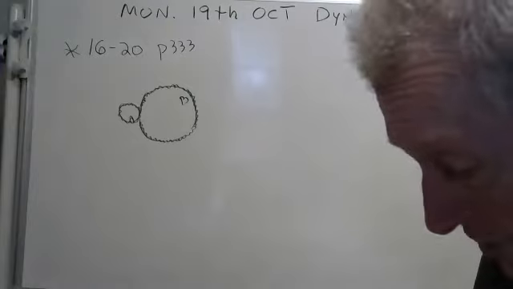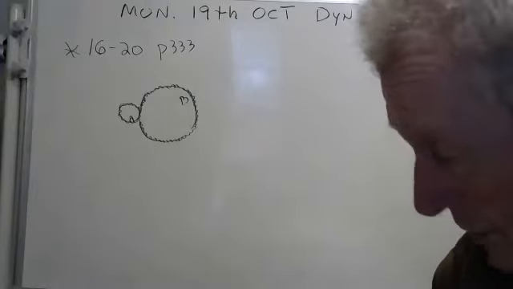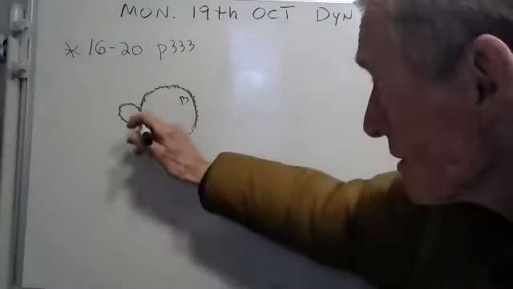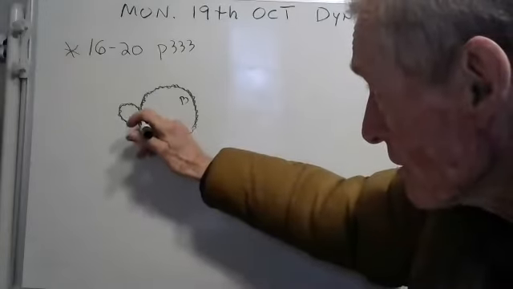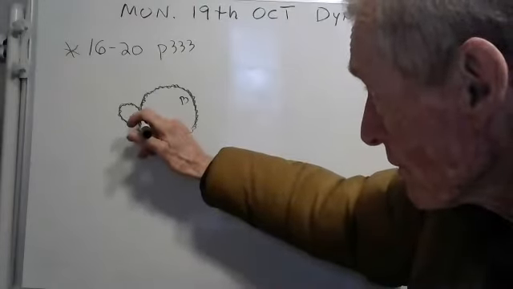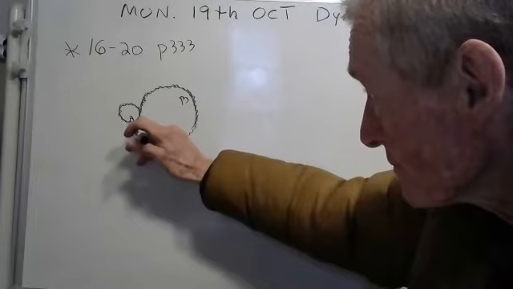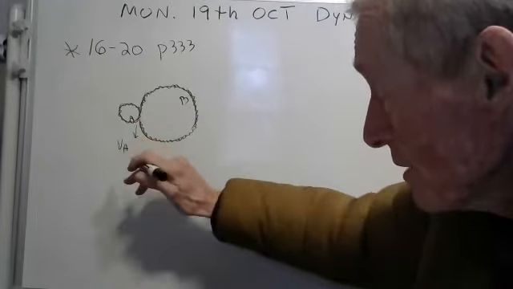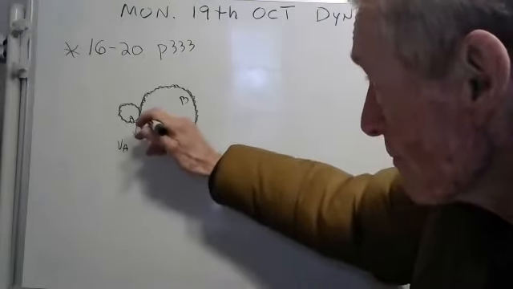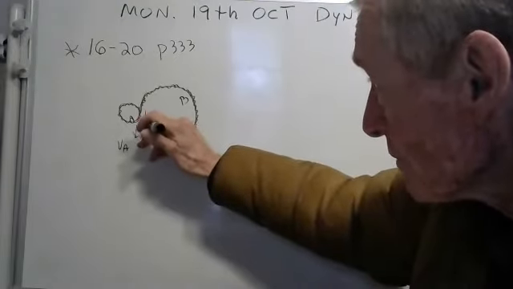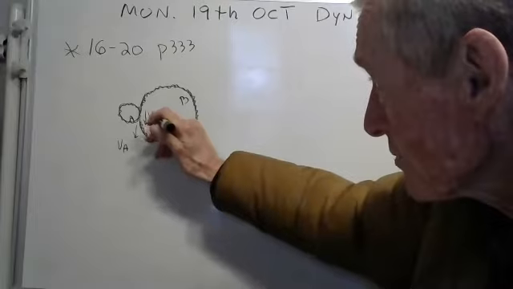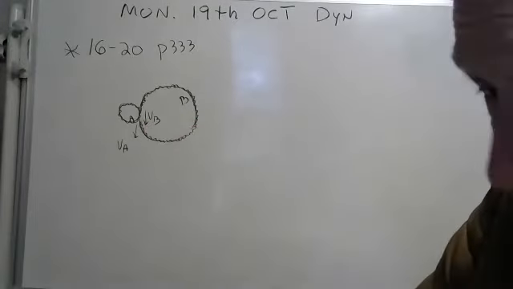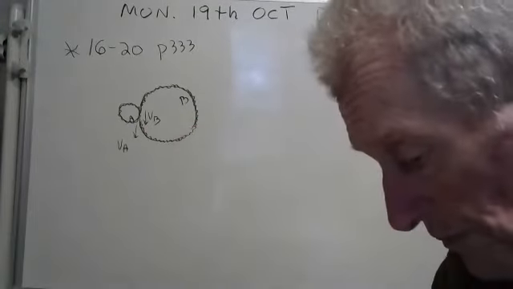And here's the dirty little secret of gears. The way they work is the velocity of these teeth right here where they're meshing on the little gear, we'll call it VA, you want that to be the same velocity as the teeth on gear B. You don't want them to be different velocities.